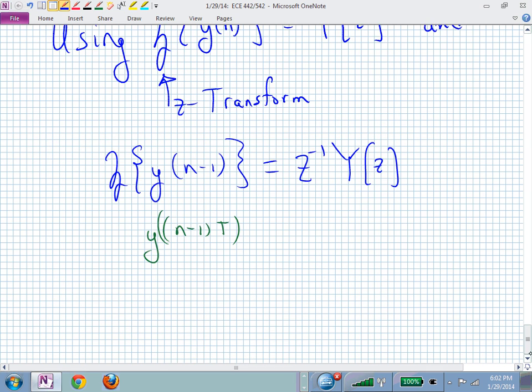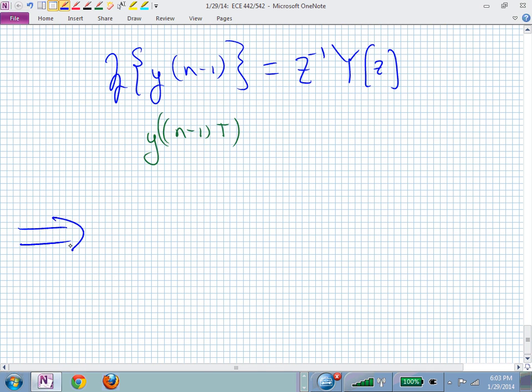So now what's my result going to be? The very first term was just little y of n. That's just capital Y of z. The next one was little y of n minus 1 scaled by a1. Then I had some more.